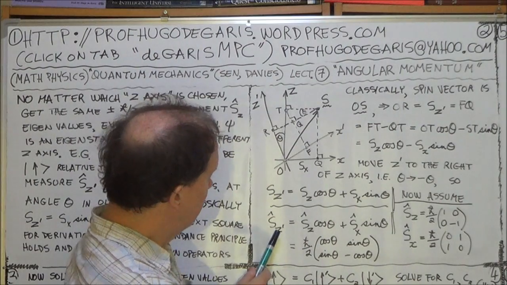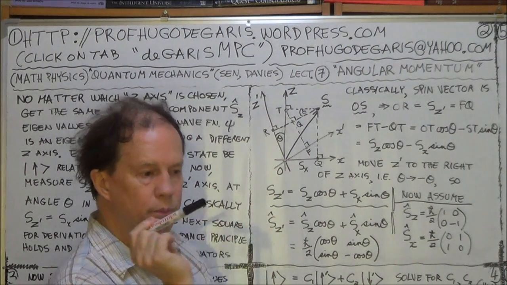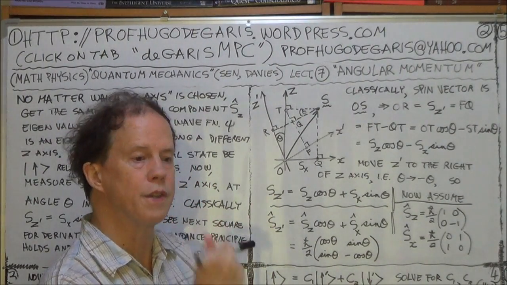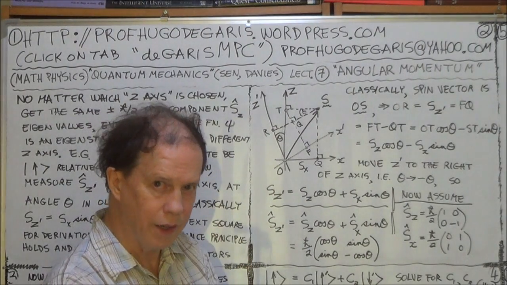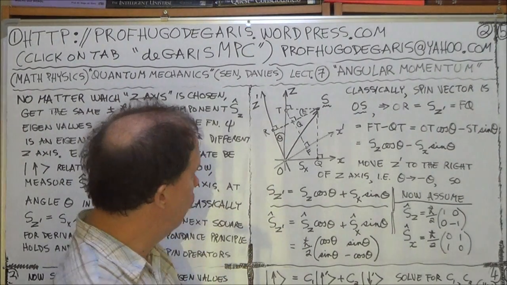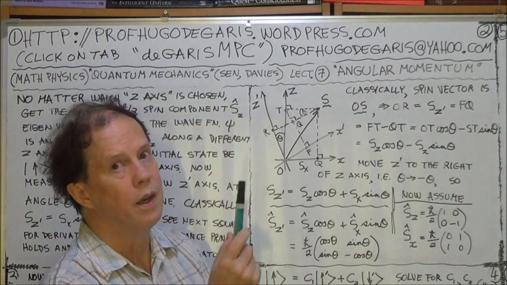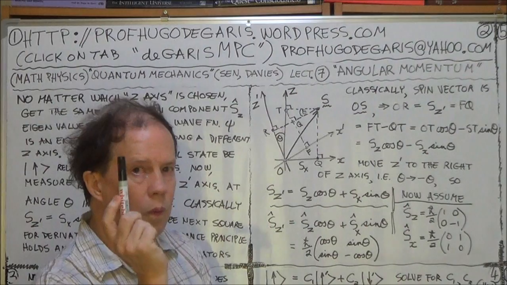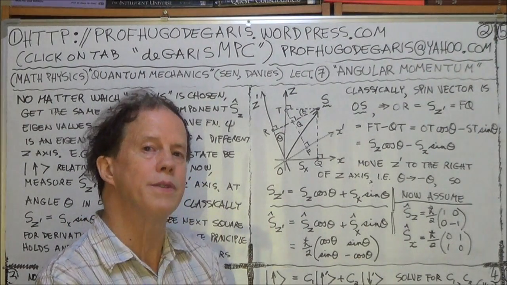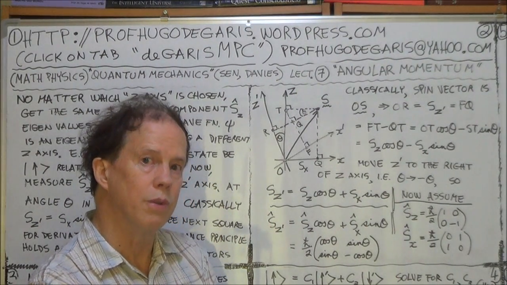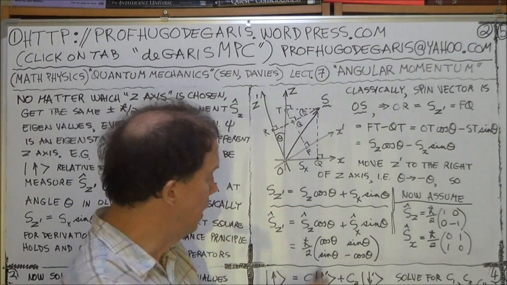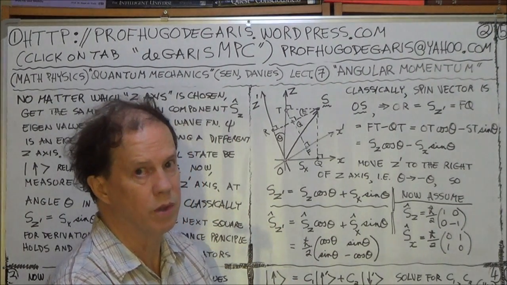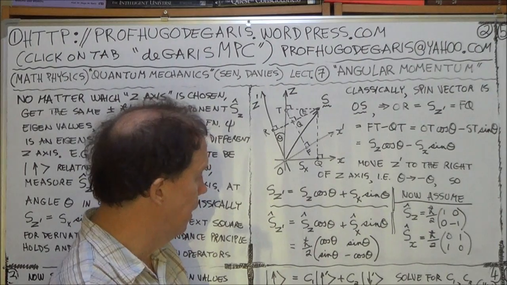So we have this operator. We can put it into an eigen equation and solve for the eigenvectors and the eigenvalues. And interestingly, no matter what this theta is, when we come to actually solve for the eigenvalues, we will keep getting plus or minus h bar over 2, as I was saying earlier. Right? But now we do it with the mathematics. It comes out of the mathematics.